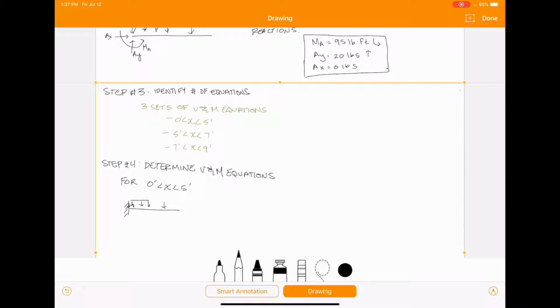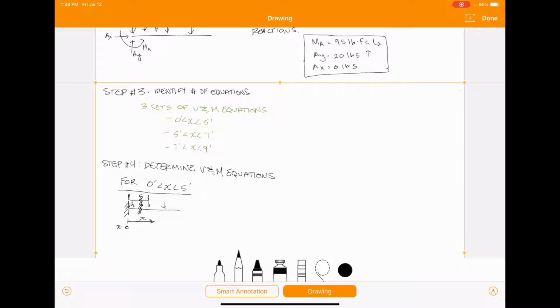If we start at the left end of the beam and say that x equals 0, x is going to increase as we move to the right. So for this first set of equations, we're going to cut it at a distance x somewhere between 0 and 5 feet.